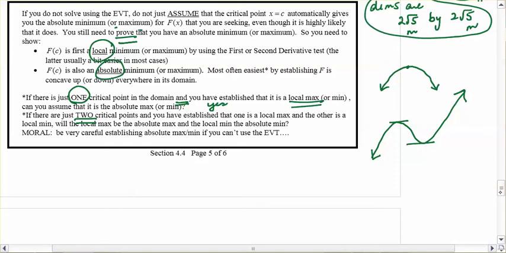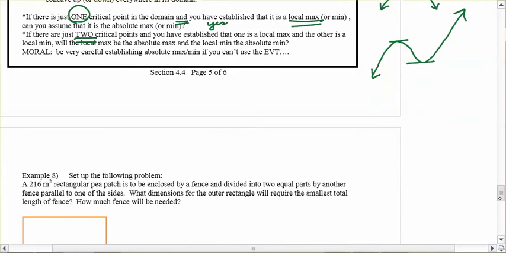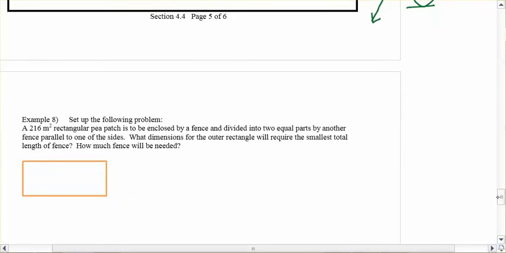All right, so let's set up the problems on the last page, and we'll do this as quickly as possible. The first problem, example 8, we've got 216 square meters. Ooh, that is an area unit. So that's telling me the area of my rectangular p-patch.